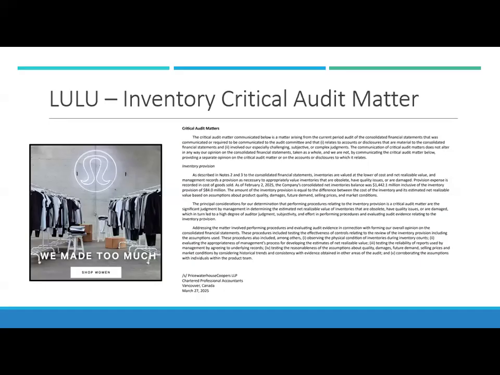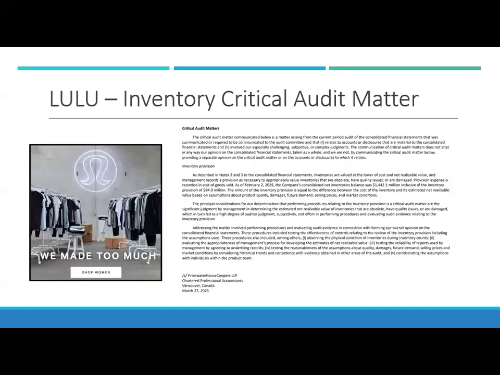But basically what it says is they had to take an $84 million lower of cost or market charge during the period because of items that they could no longer sell for more than they purchased it for.